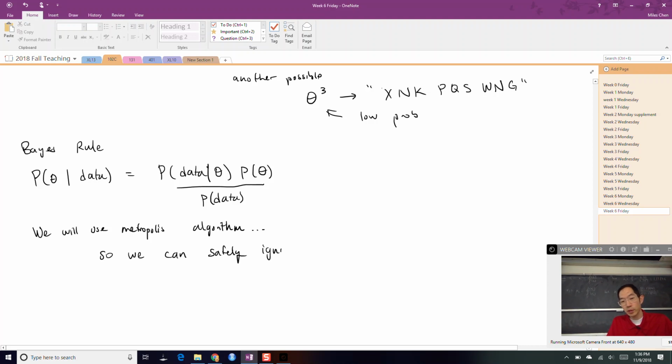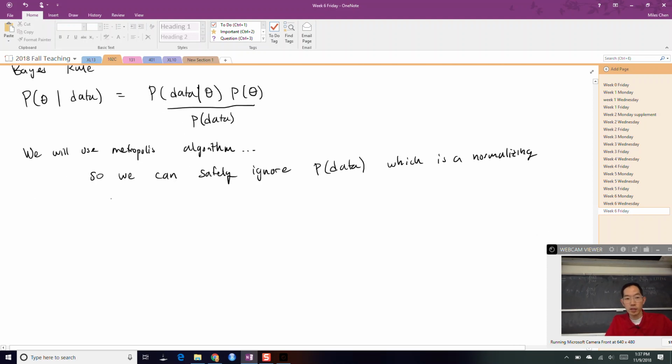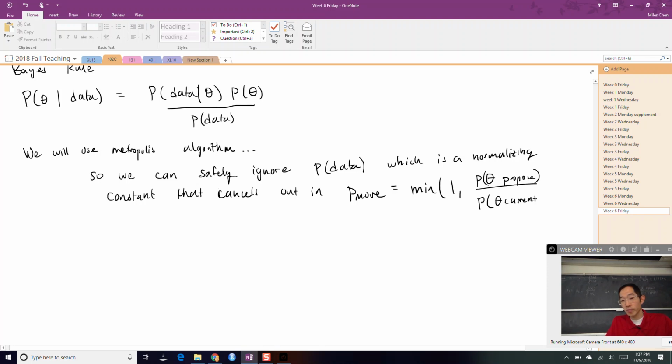We can safely ignore the denominator, the probability of the data, which is a normalizing constant, that cancels out in p move equals the minimum of 1 and the probability of theta propose versus the probability of theta current. Okay, so we can safely ignore this, all right?